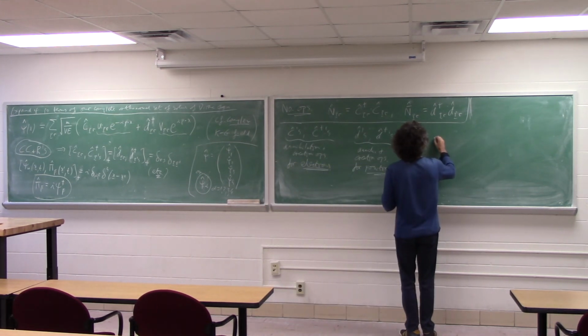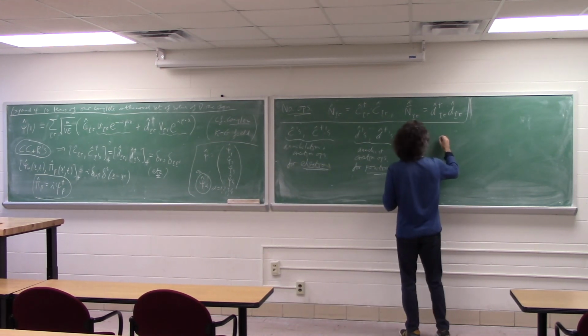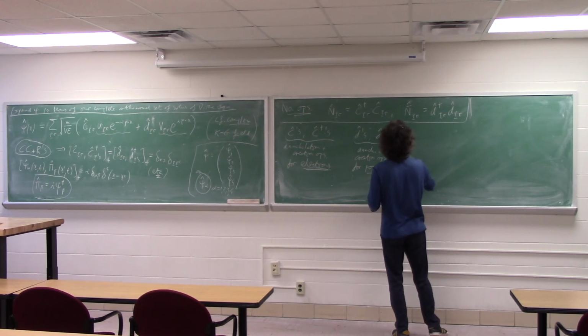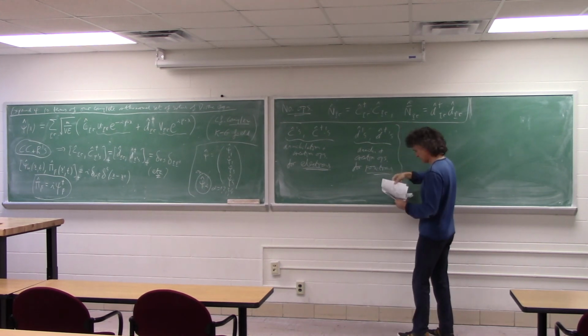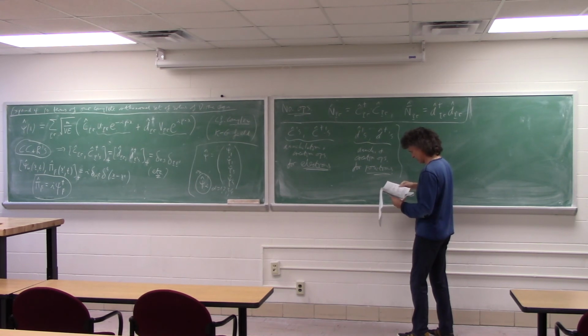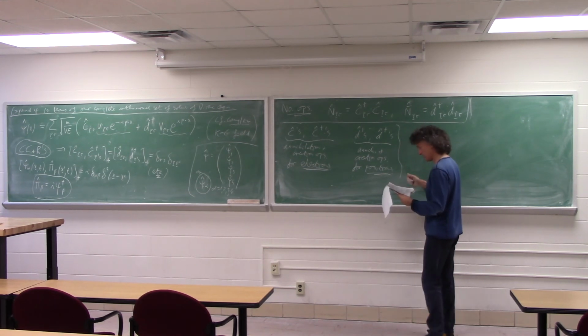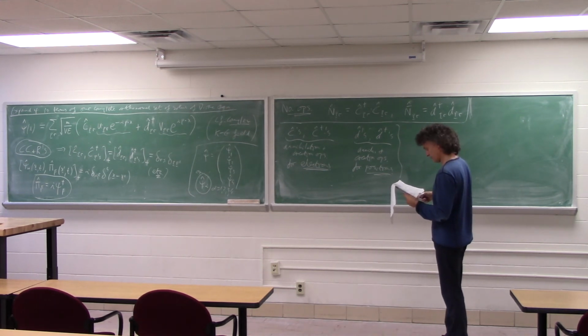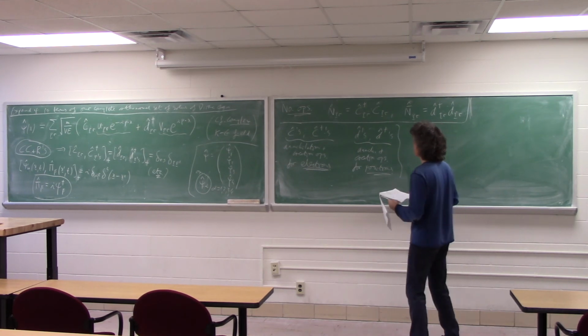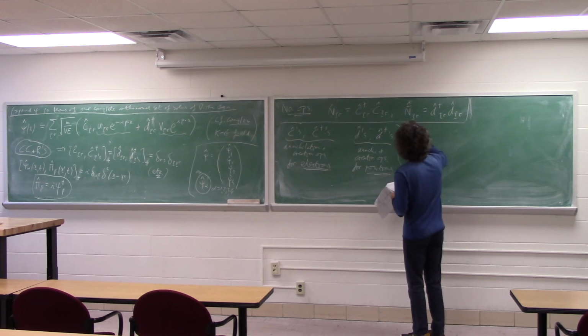Now, just as we did with the Klein-Gordon field, we're going to see this shortly. Actually, maybe it's a good idea to write this down now. How do we know this? Why?